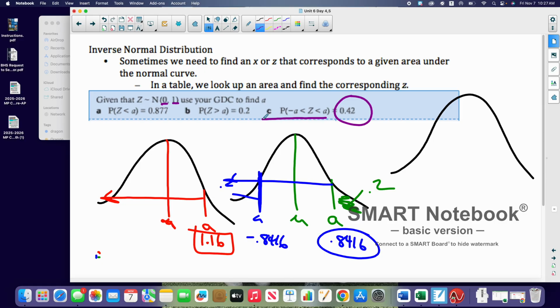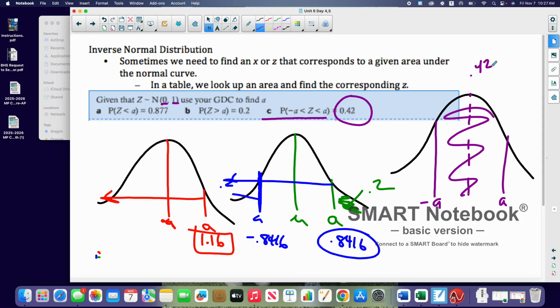How many A values I have? I have two. I have a positive and a negative, but they're the same value, correct? So is it symmetric? It is symmetric, all right? So if that's my mean, then I have A here and I have negative A there, and in the middle of this is 0.42. So that's the picture that I've given, all right?